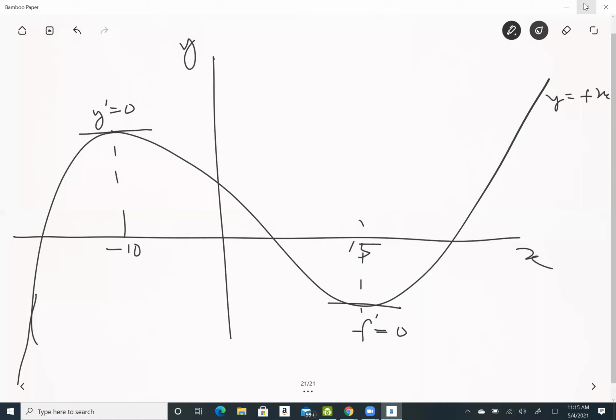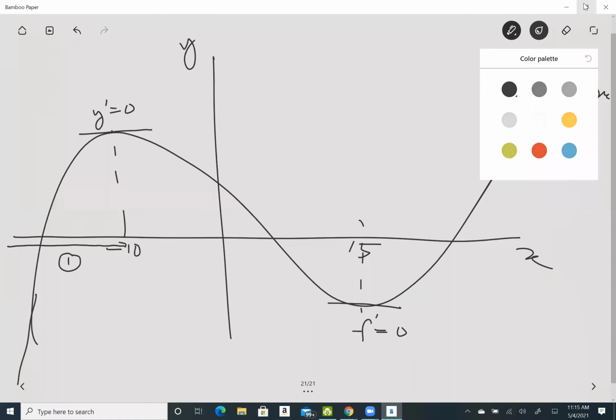Number one. The basis of the interval is y prime equal to 0. So how many intervals will you have here? 4 intervals? Let us see. One is from the left up to -10. That is interval number 1.